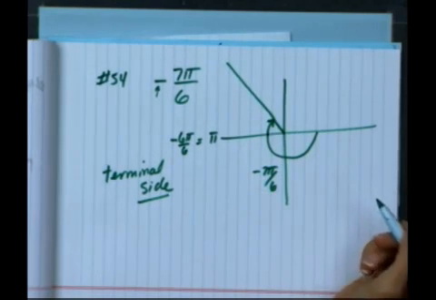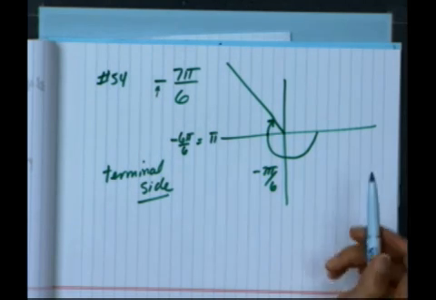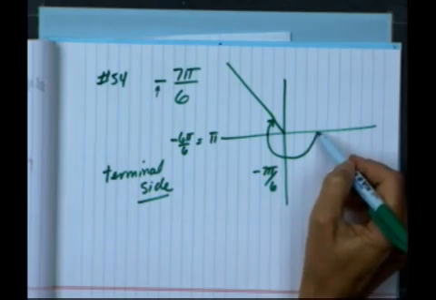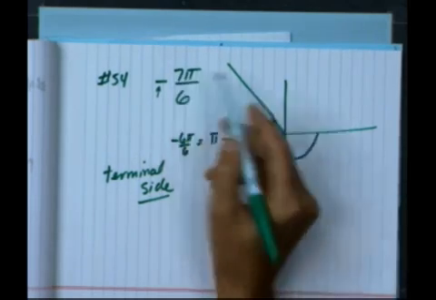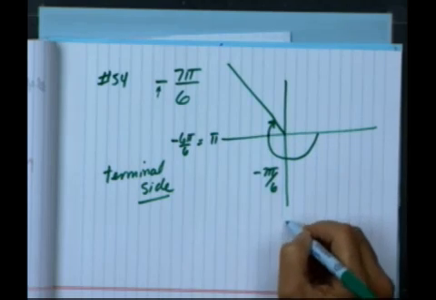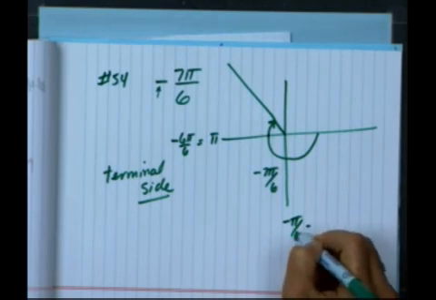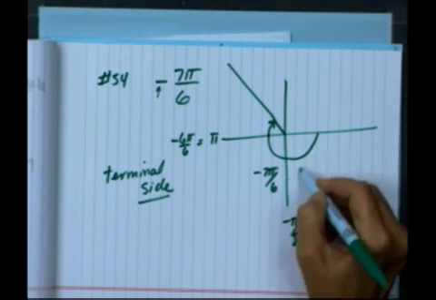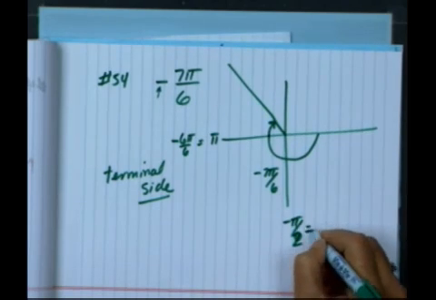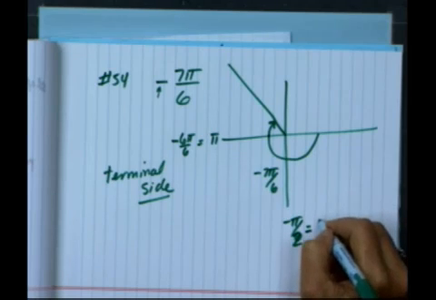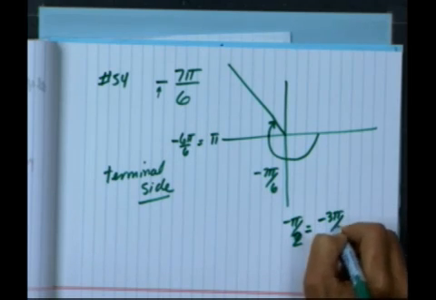Pi over 6 is how many degrees? 30. All right, so if you wanted to call this negative pi over 2 right down here, you could always write that in terms of 6 as negative 3 pi over 6.